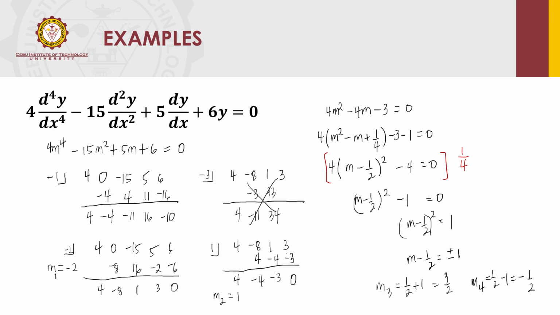Therefore, the general solution is y is equal to c sub 1 e to the negative 2x. The first root from the previous slide is negative 2. The second one is positive 1.